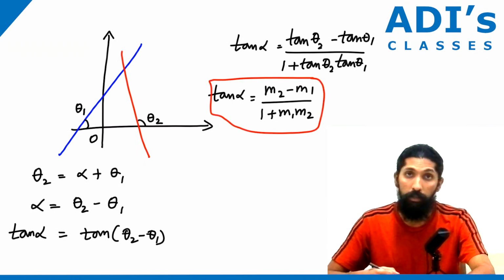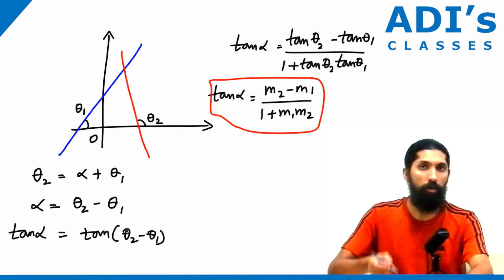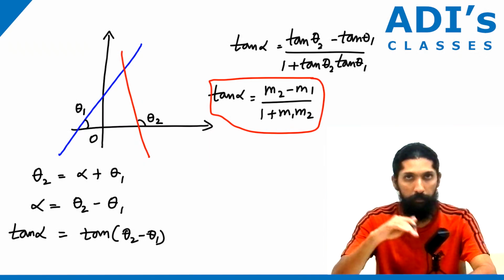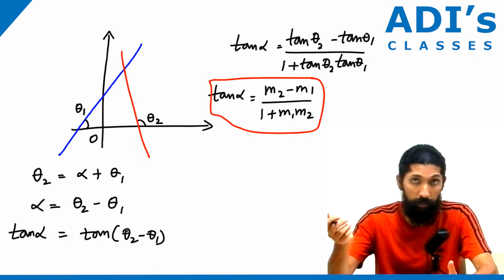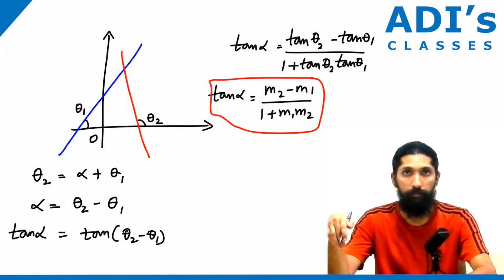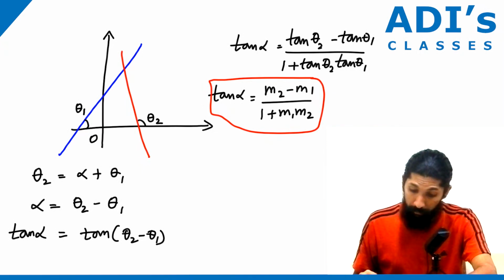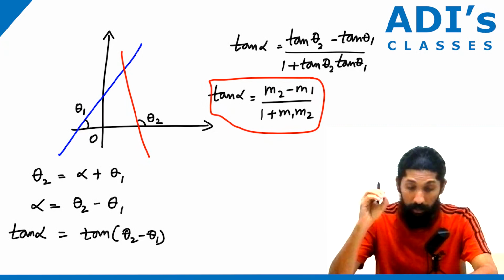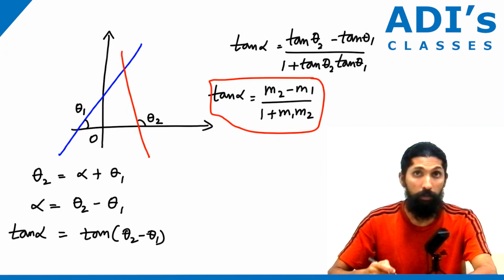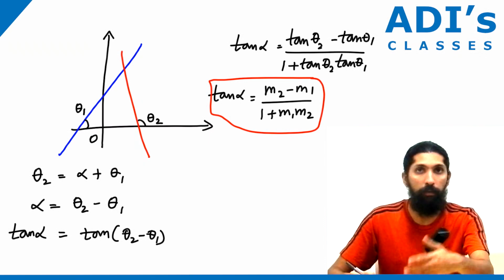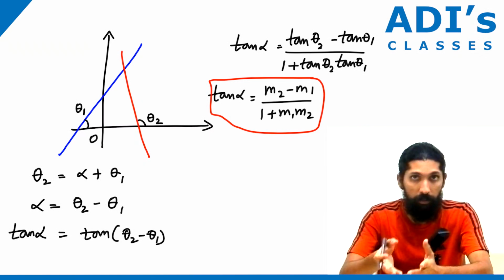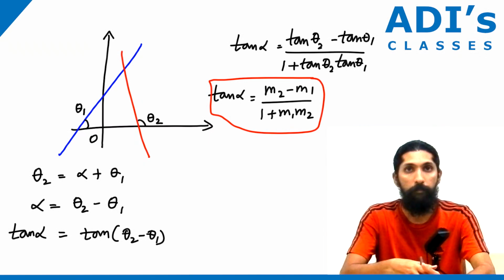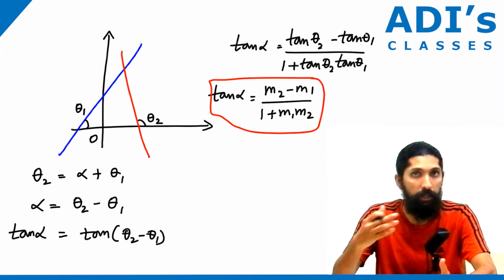Or you can also write m1 minus m2 by 1 plus m1 m2. That's also fine. That will also work. Clear? This is the angle between the two lines. If 1 plus m1 m2 is 0, that means the denominator is 0, then alpha becomes 90. Isn't it the condition we just derived before?